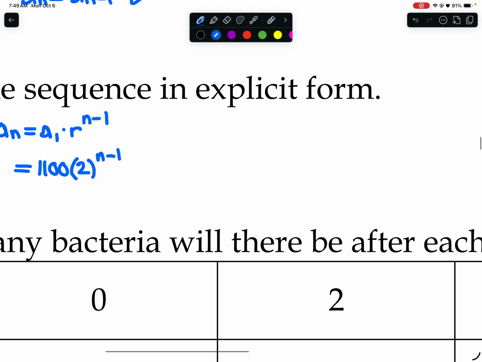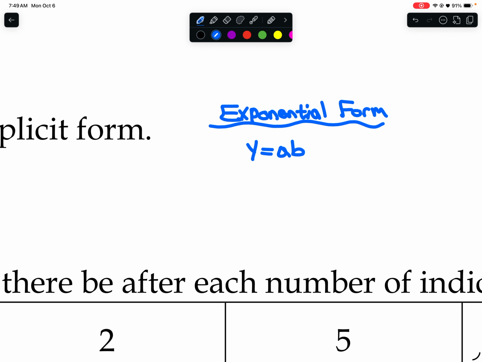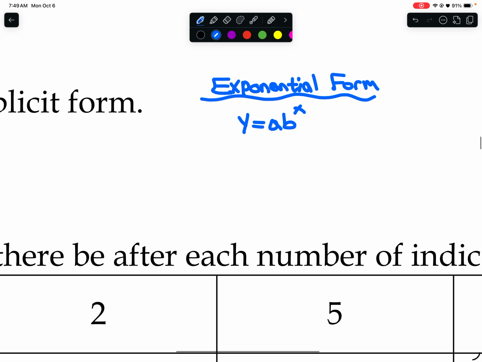Now, if I wanted just exponential form, then we would want y equals a times b raised to the x, or t, whatever variable we're using. So in this case, it would be your initial, which would be 550 times 2 raised to the x, or raised to the t, or whatever variable we're using.